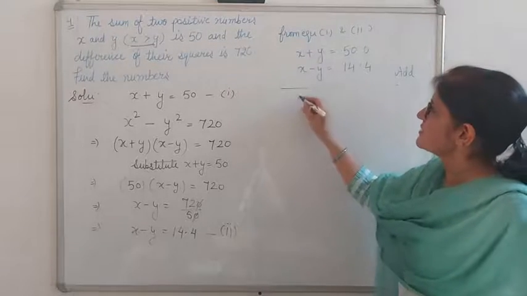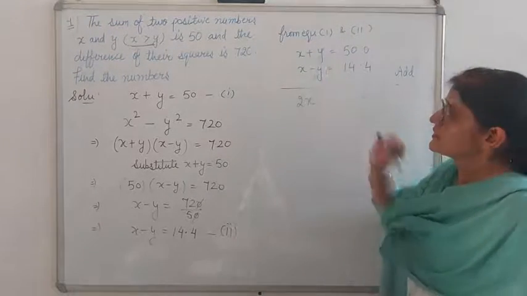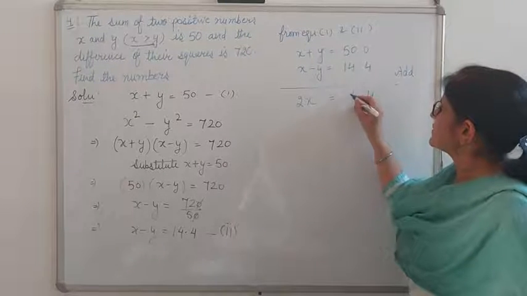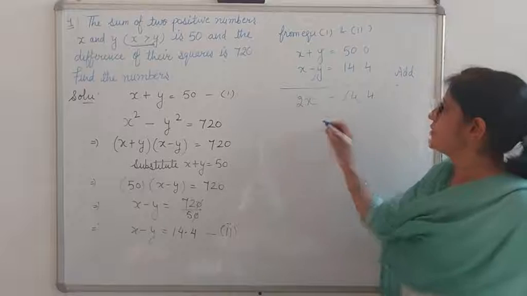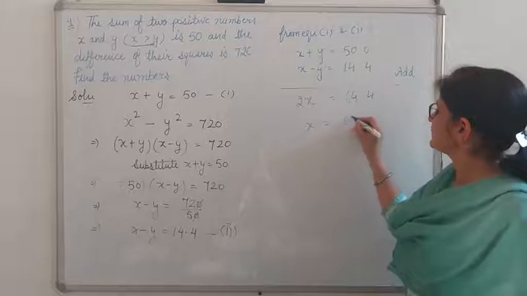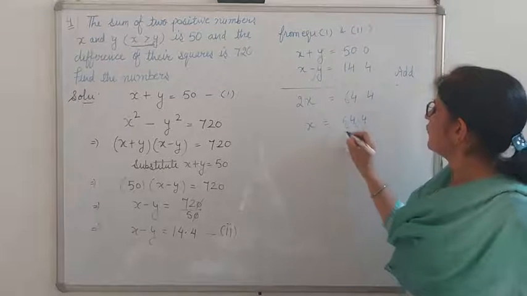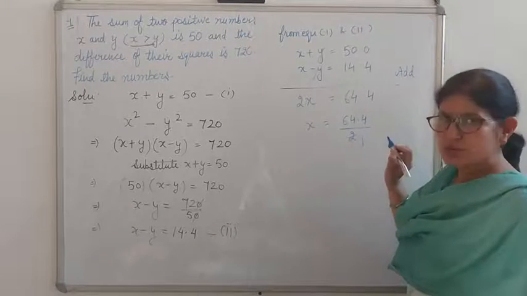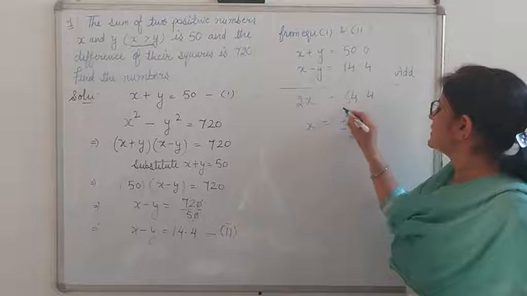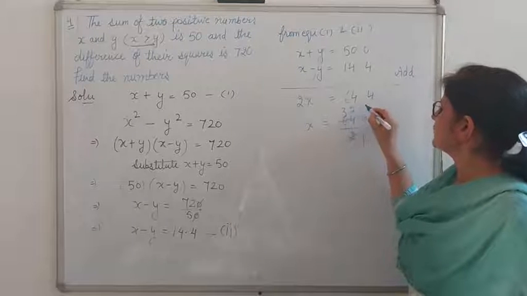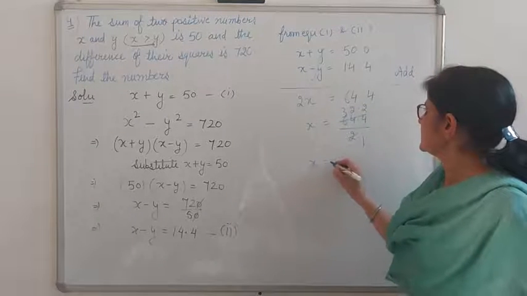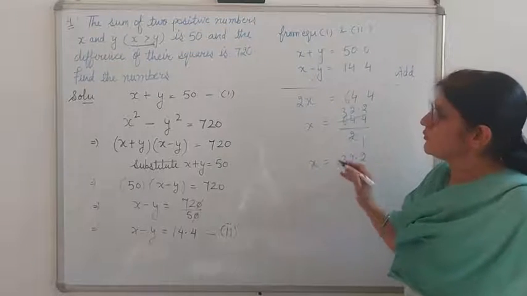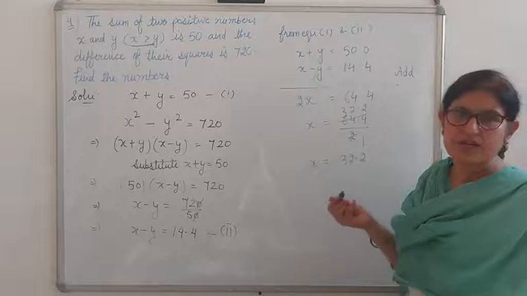So x plus x is 2x, y cancels, and when you add, you get 64.4. So what is x? 64.4 over 2. So x is 32.2. Now this value you can substitute in the first or second to get the value of y.